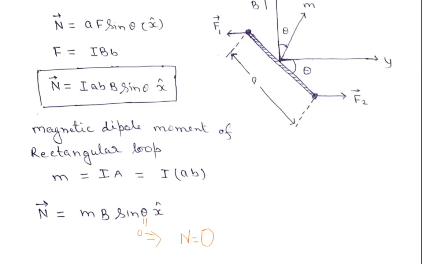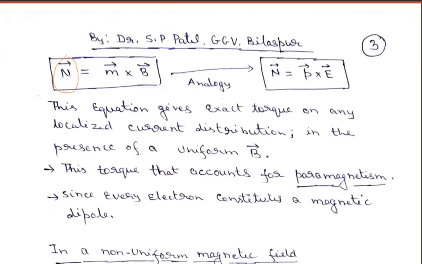The torque will act until all the magnetic dipoles present in the magnetic field align in the direction of the field, and this property accounts for the paramagnetic property of the material. So this is because of the torque acting on the dipole.